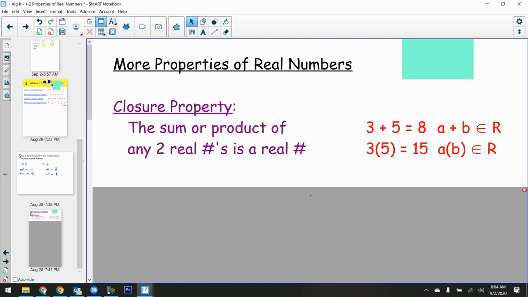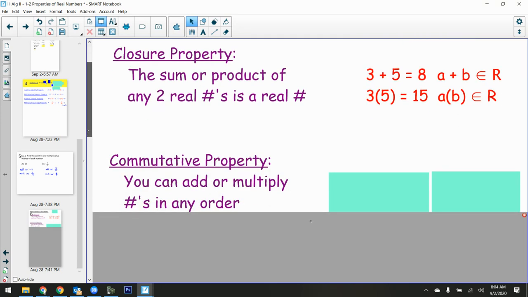No. The closure property does not hold for addition with respect to odd numbers. If you add two odd numbers, is the answer also an odd? No. So we can say that the closure property does not hold for that specific example. When we're talking about real numbers, it always holds. We will always get a real number back out again.